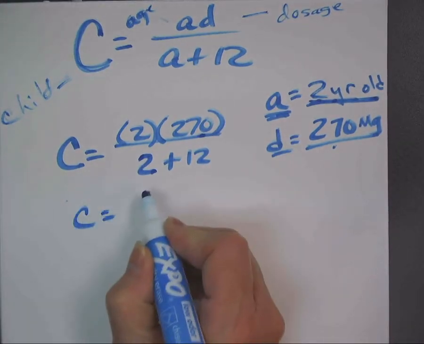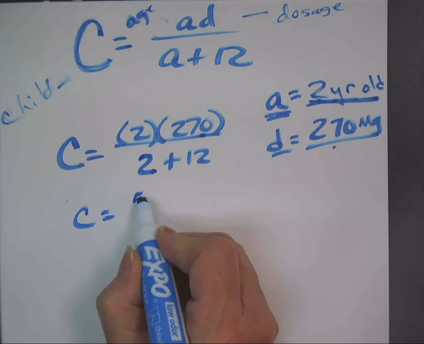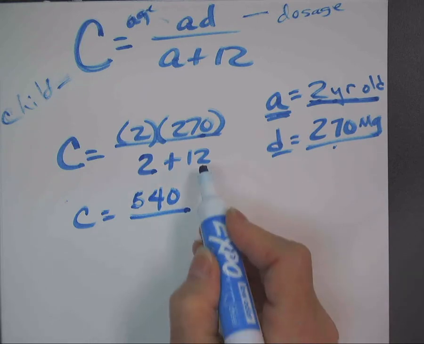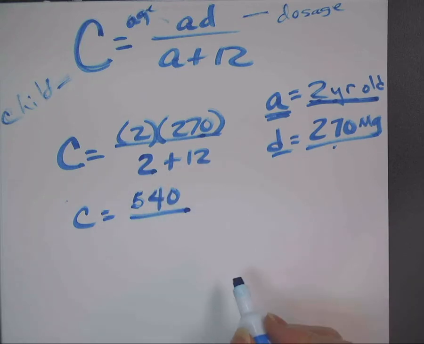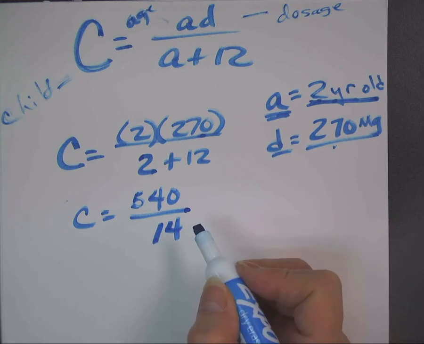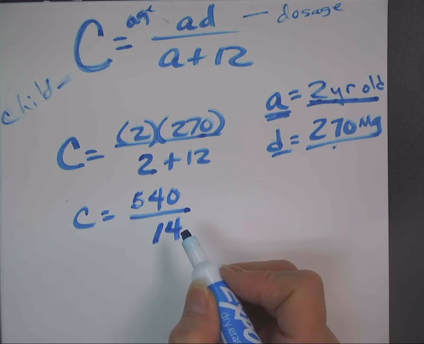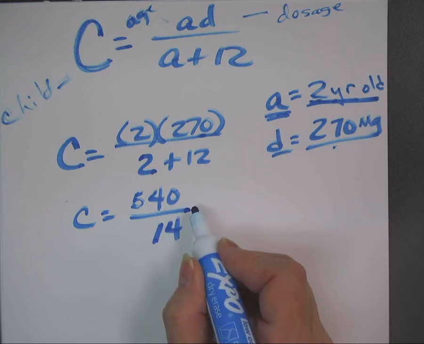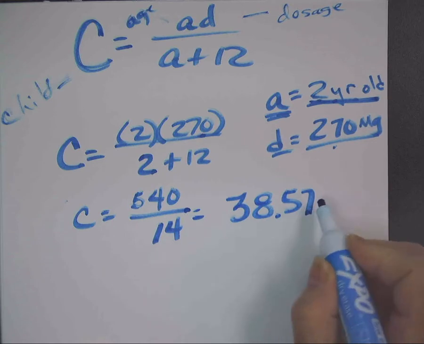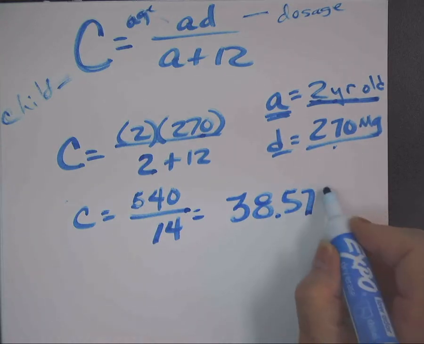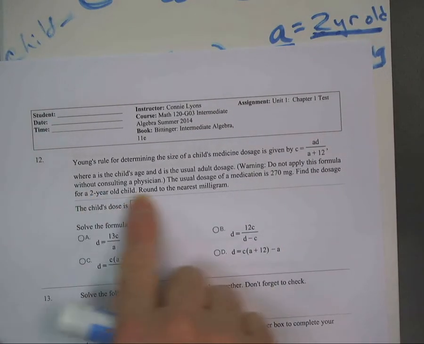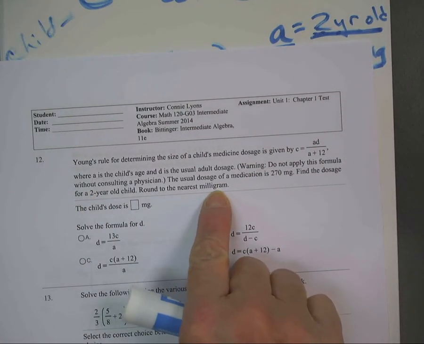So we have 270 times 2 is 540, right? 2 plus 12, 14. So 540 divided by 14, 38.5714286. This is round to the nearest milligram.